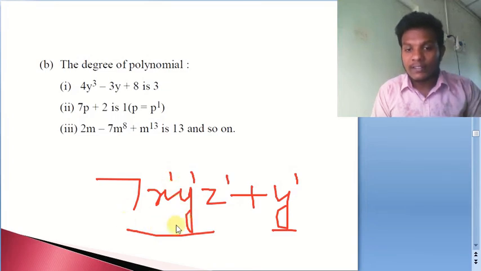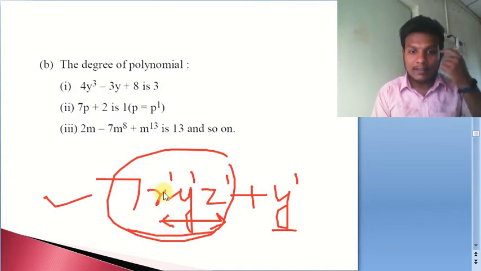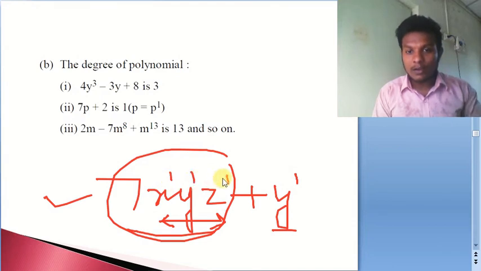In such cases where your polynomial has more than one variable and in a single term the variables are under product, we should not say the degree is going to be 1. Whenever there are variables under product in a term, we have to add all these exponents. In this case we have 1, 1 and 1. How many ones are there? So 1 plus 1 plus 1. The degree is going to be 3 but not 1 in this case.